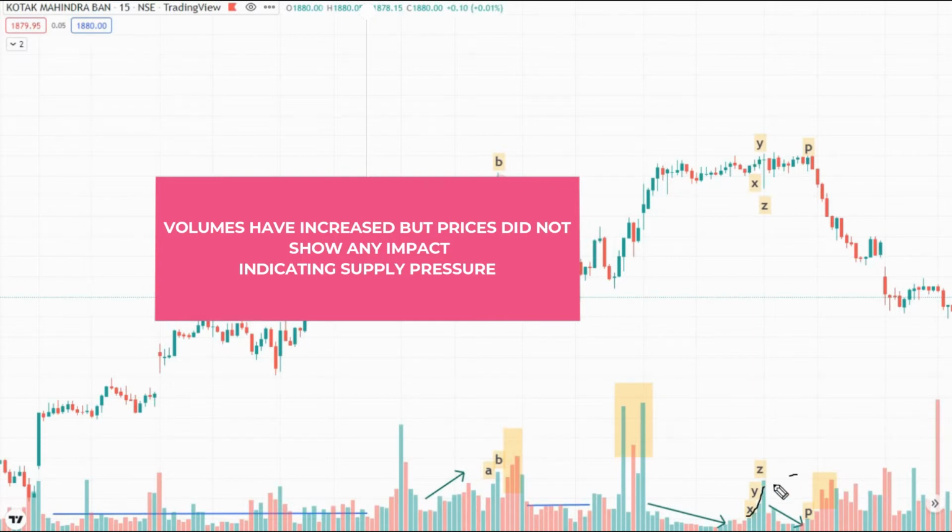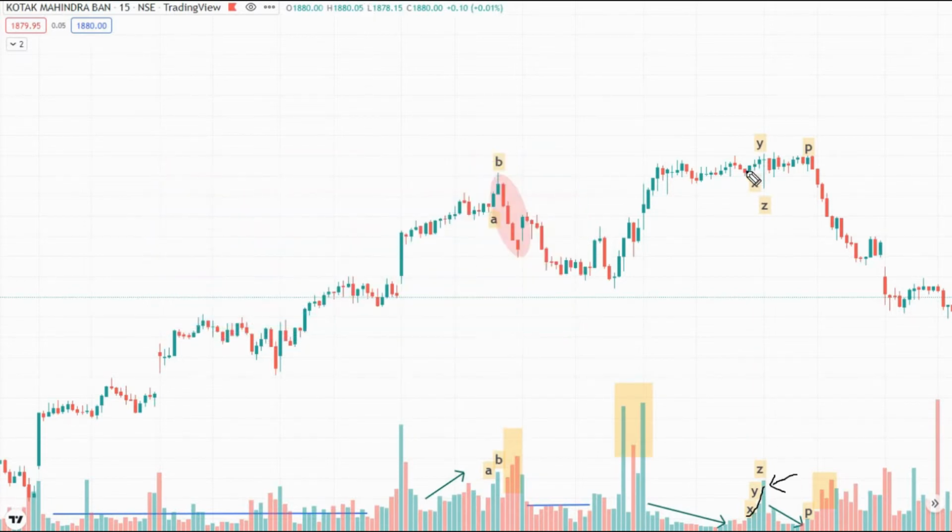If this was all buying pressure, then prices should have broken this level and moved up aggressively towards the upside. But here what we are seeing, volumes have increased, but the prices haven't moved up that much. So this is again a divergence. So this is again a sign of weakness in the markets, that supply is very strong than the demand side.